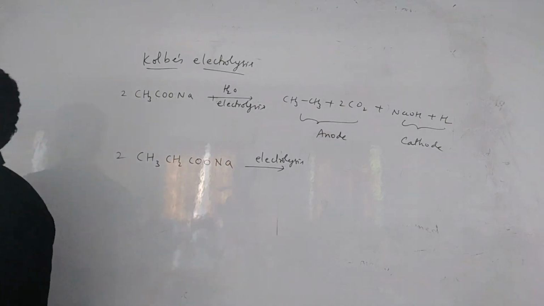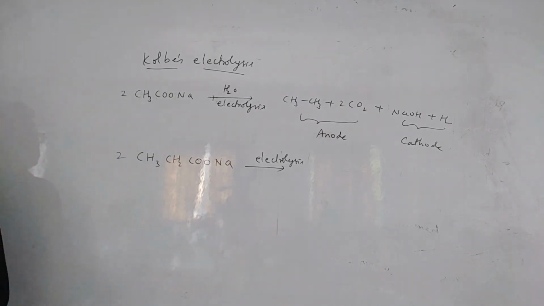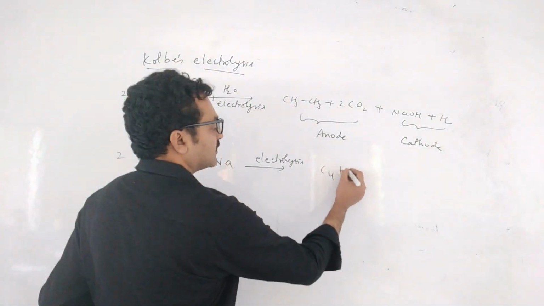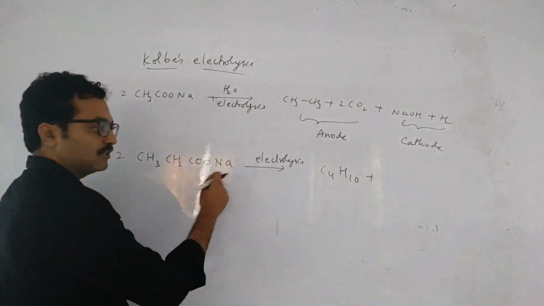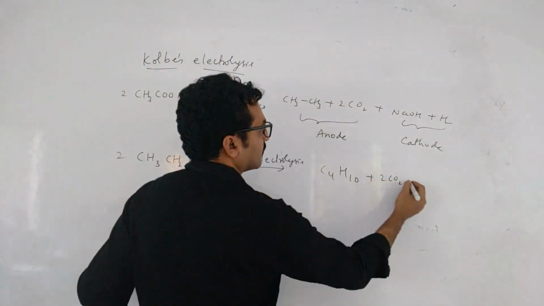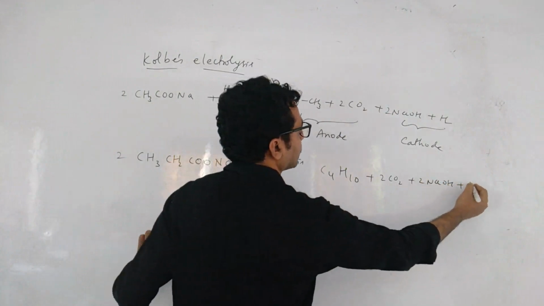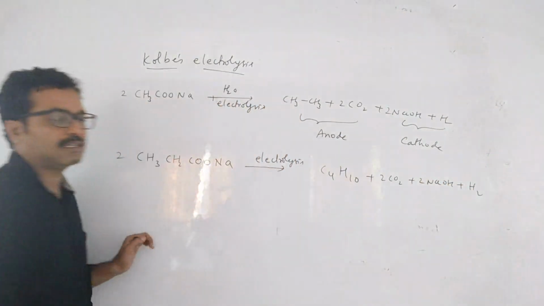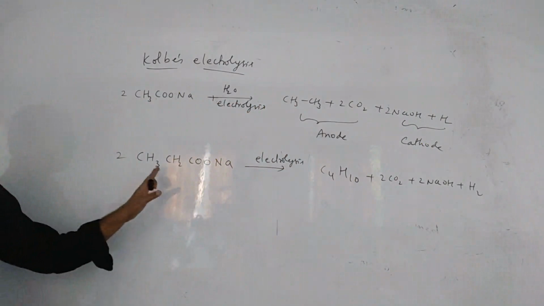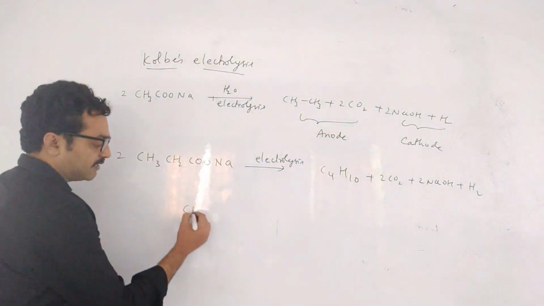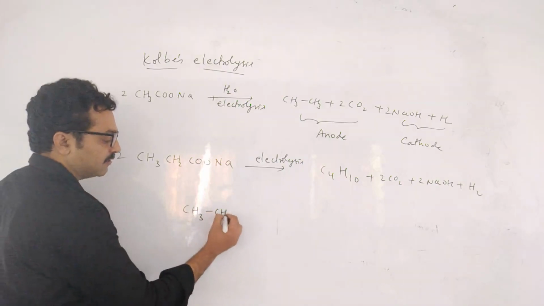No idea? That is butane, C4H10, correct? Plus 2CO2, this is common, children. Plus 2NaOH, this is common. Plus H2. These are all common things, but butane will come. So this is also a previous NEET question.